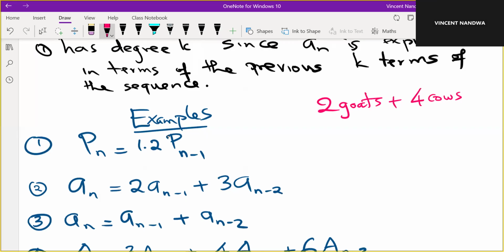So an minus 1 and an minus 2 are like the goats and cows. You can only combine them if we have the same subscript. It's like if someone tells you what is 2x plus 3y, you don't say it is 5xy or 5y or 5x. So an minus 1 and an minus 2 are independent sequences. You can't combine them the way you are saying.